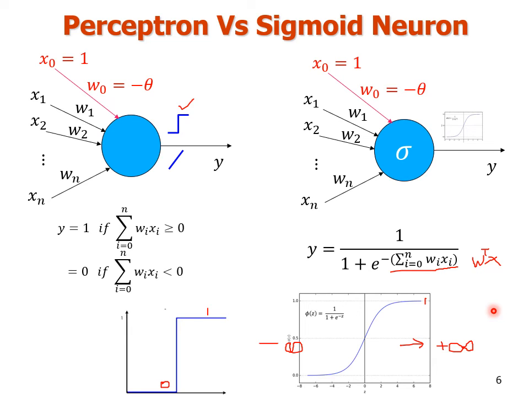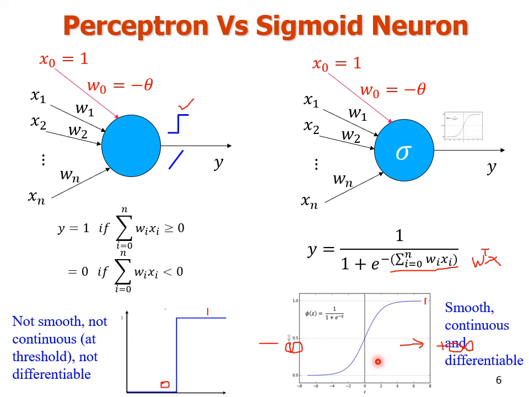So to summarize, the thresholding function is not smooth, it is not continuous at the threshold, and it is not differentiable, and hence the thresholding function cannot be used for gradient descent. Whereas if we go for the sigmoid function, its output ranges between 0 and 1. It is increasing monotonically with its input.